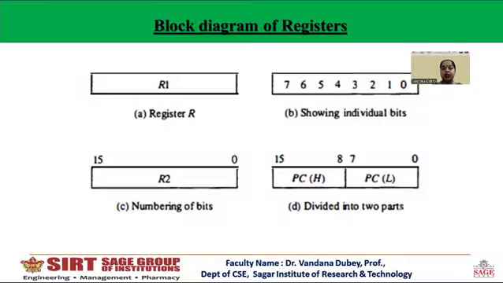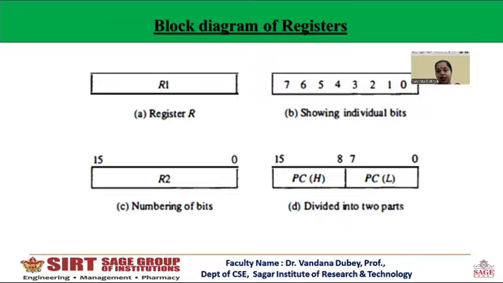Here, you can see the block diagram of registers. In this diagram, you can see registers, data inputs, control signals, clock signals. There are various ways to represent registers through the block diagram.